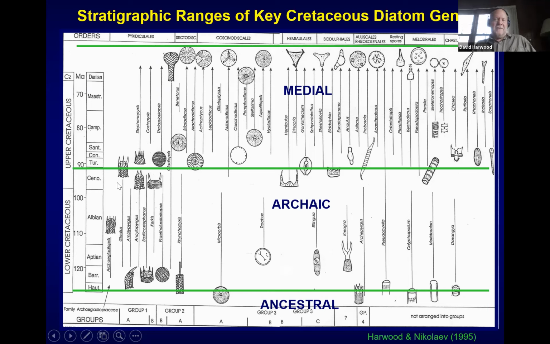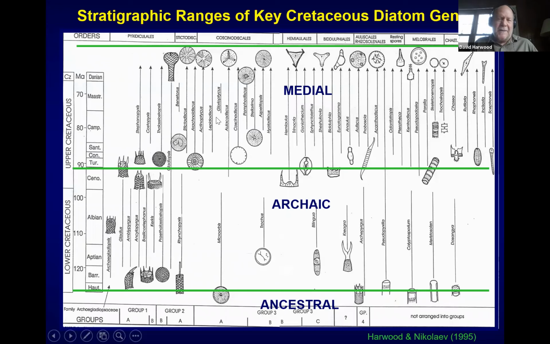And then after this transition, maybe associated with a major marine extinction at the Cenomanian-Turonian boundary, where many marine organisms show extinctions. This is also within the time realm of ocean anoxic events, whether that would play a role in diatoms as well.